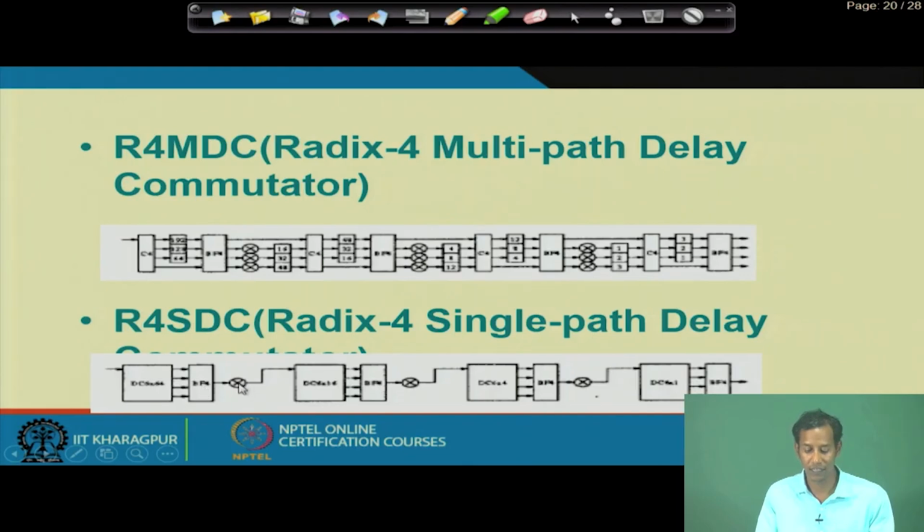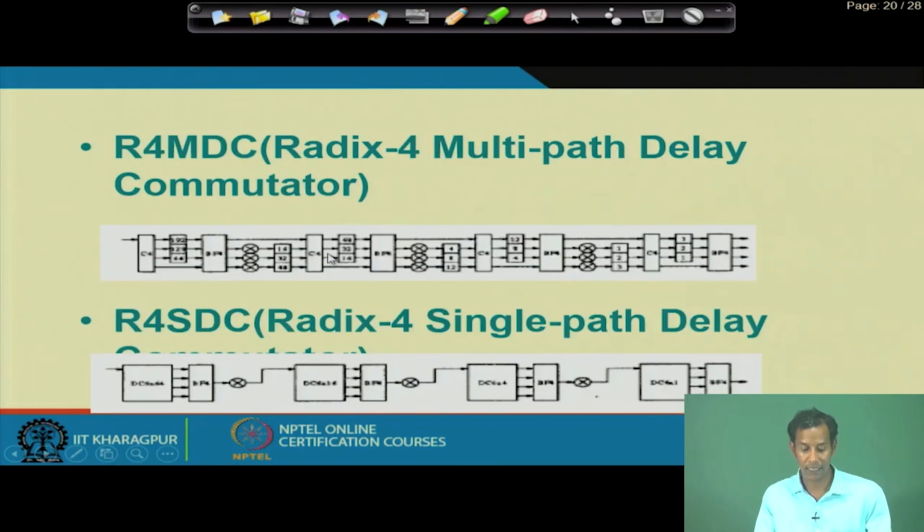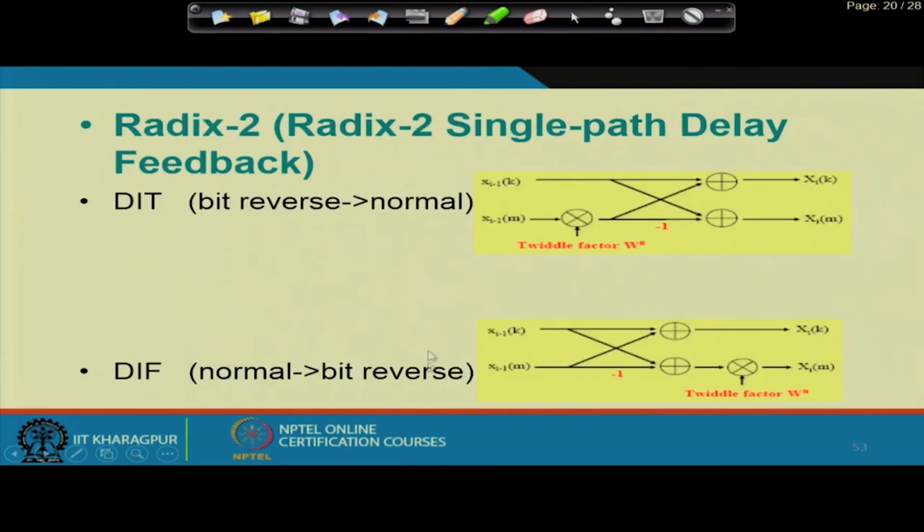Single path means only a single path performs the multiplication operation after the butterfly. In the parallel implementation we also follow radix 4, but the hardware requirement for this particular case will be much higher than this one.